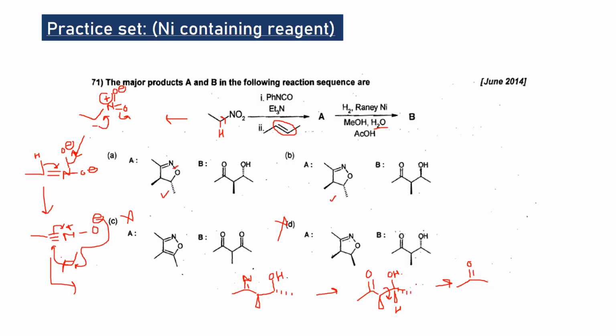This OH comes here and methyl goes to the planar bond. OH comes because this is behind the plane. If you rotate this one, OH comes here, methyl goes to this planar bond and H goes to this lower bond.